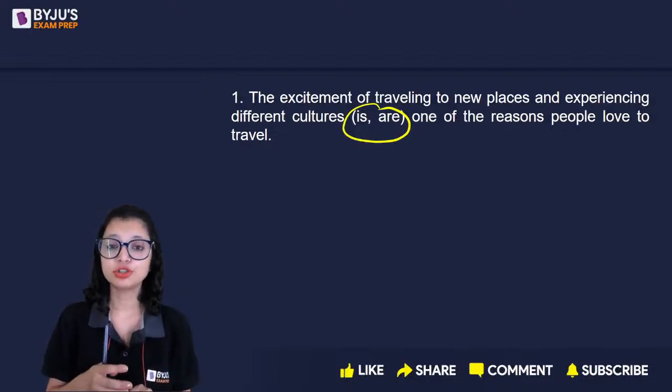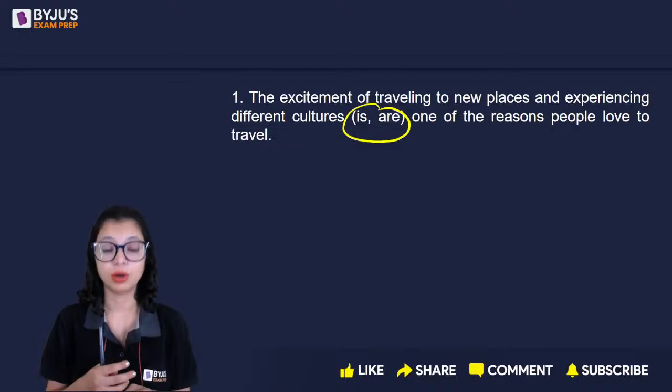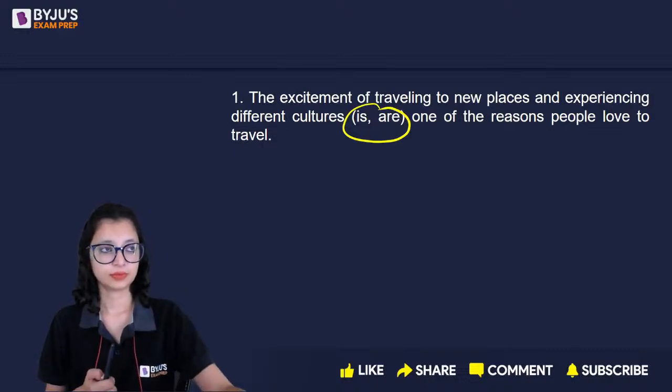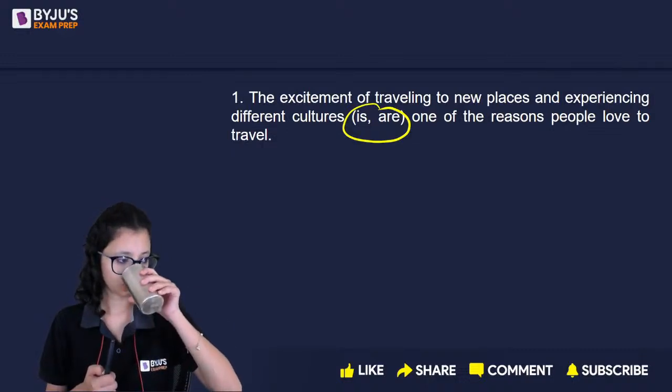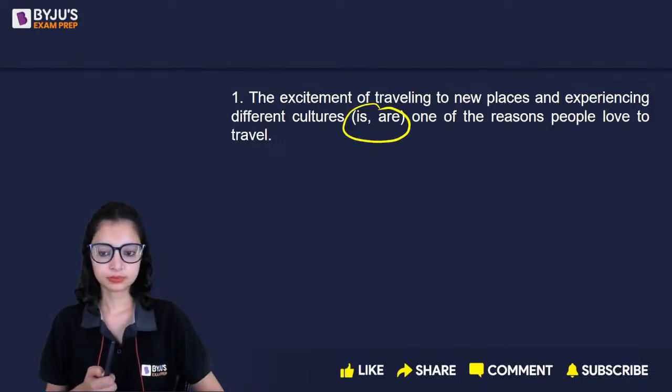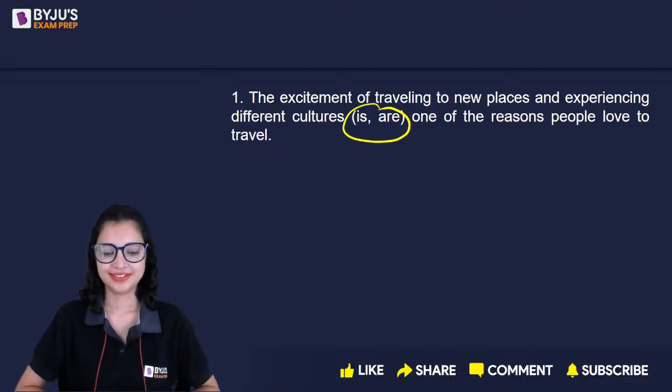If you get the correct subject, you are bound to get the correct verb form. Focus on the fact that I've spoken of right now. The excitement of traveling to new places and experiencing different cultures is or are one of the reasons people love to travel.